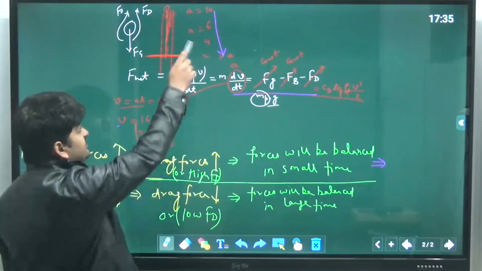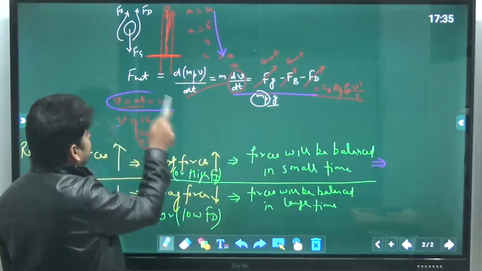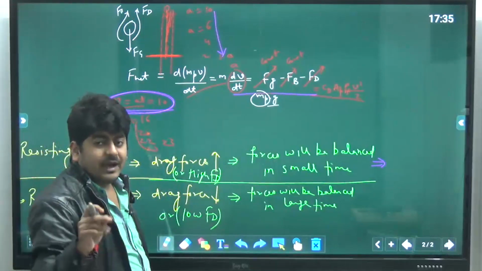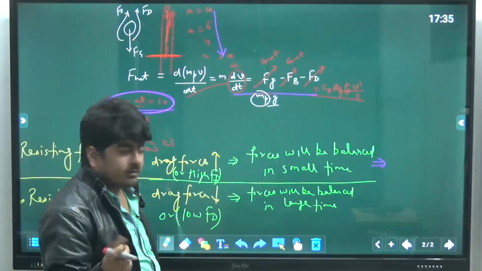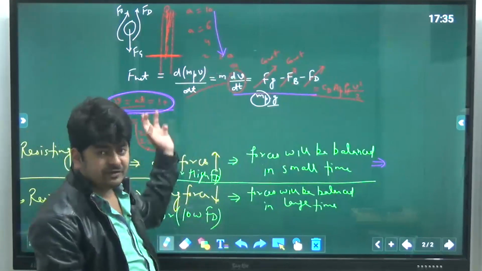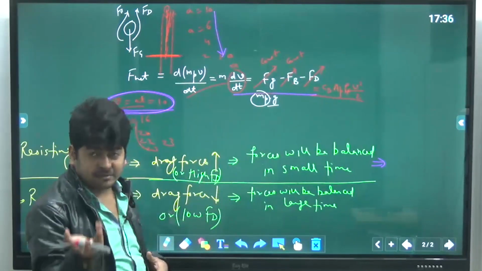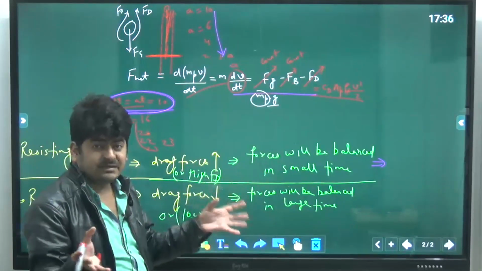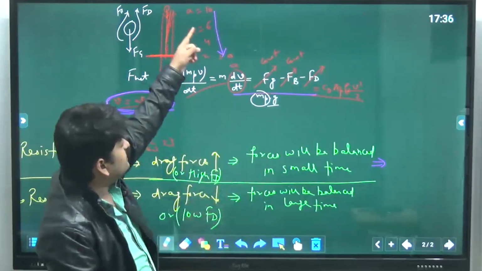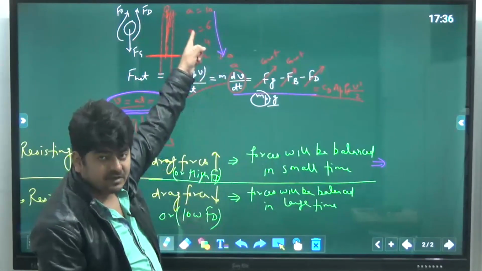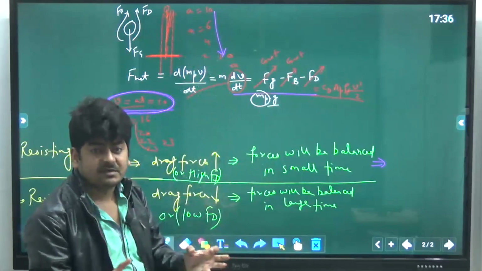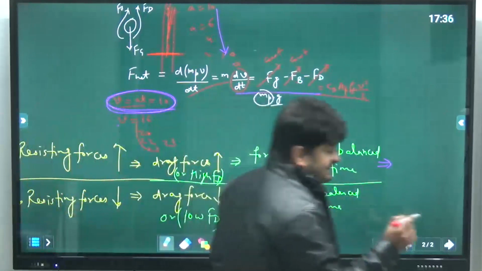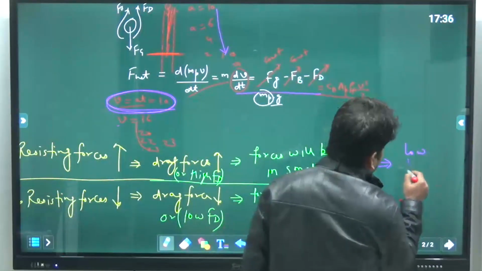And if rapid drop in acceleration is there, then obviously the rise in velocity will be small. Ultimately after a becomes 0, v will become constant, and that constant velocity will be the terminal velocity. So when force balance takes place in a smaller time, the drop in acceleration from value a to 0 will be fast, and when the drop is fast, the rise in velocity will be small. So we can say that we will have the low terminal velocity.